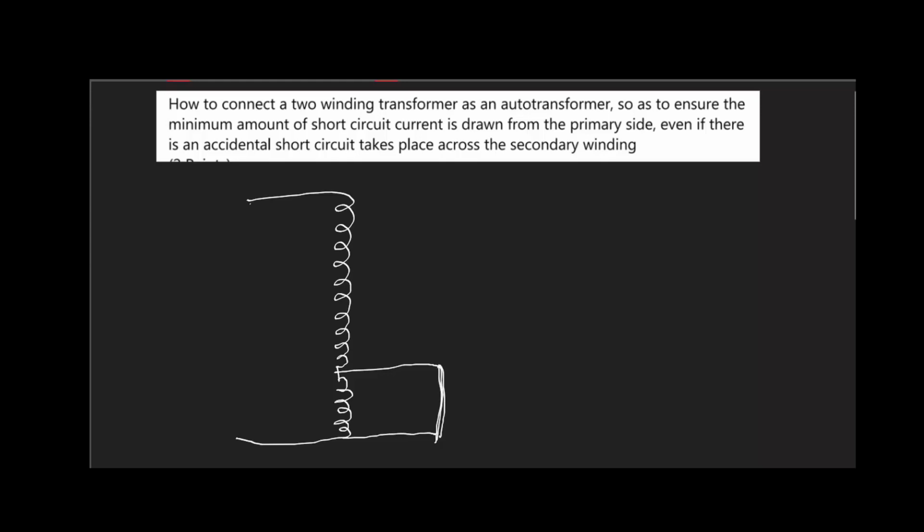So that will always ensure a small amount of short circuit current flowing through your transformer, right?